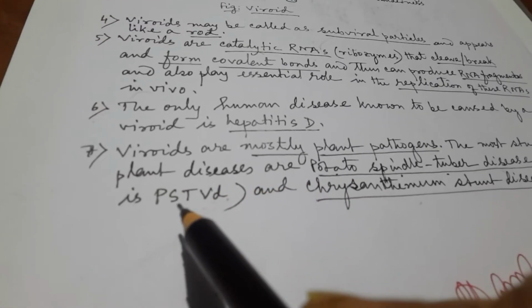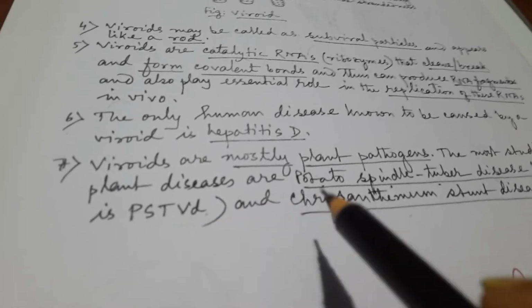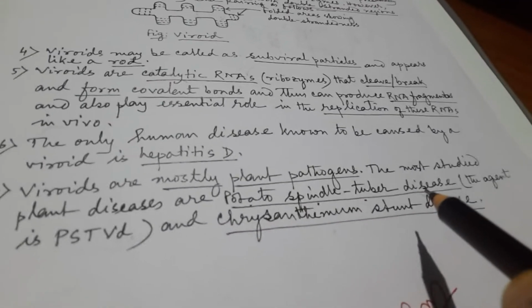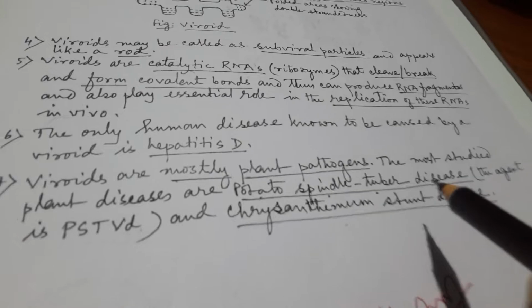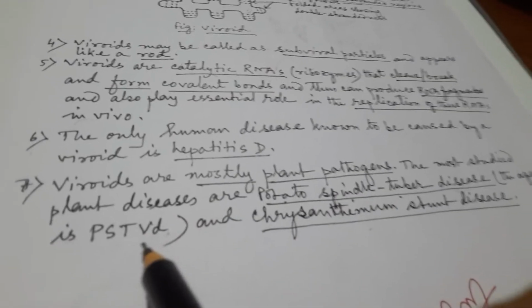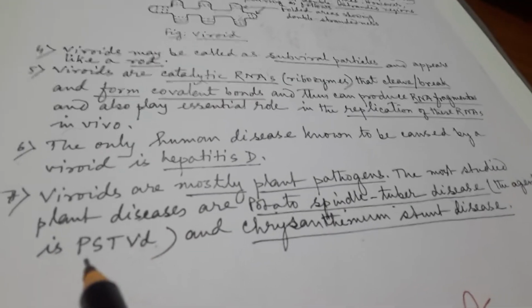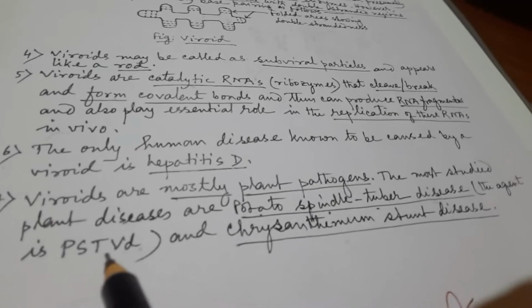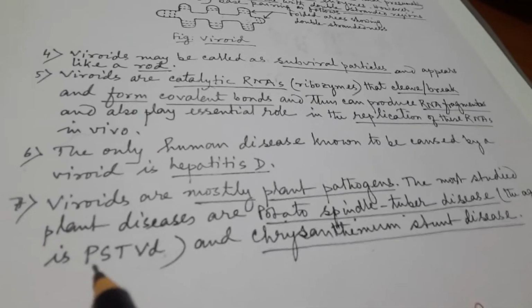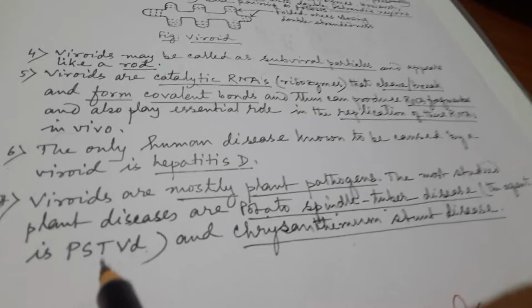The smaller form of potato spindle tuber disease, it is the agent, it is the pathogen. So it is a viroid, VD, and the name of the disease, potato spindle tuber. So the name of the pathogen is PSTVD.